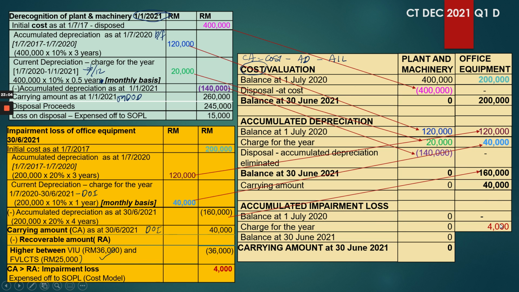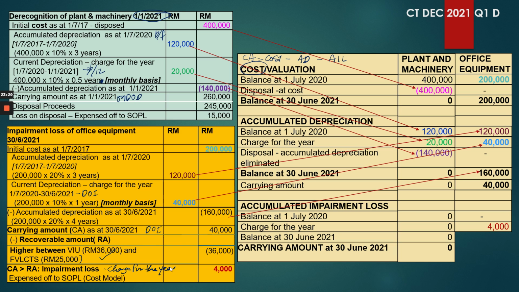If you have the information about the impairment balance at the beginning of the year, you have to include it here, but this is not relevant since this is the first impairment that has been done for the office equipment. So the charge for the year, or the impairment loss, is 4,000. The impairment loss is actually your charge for the year.